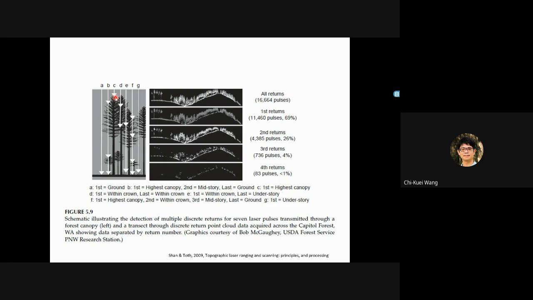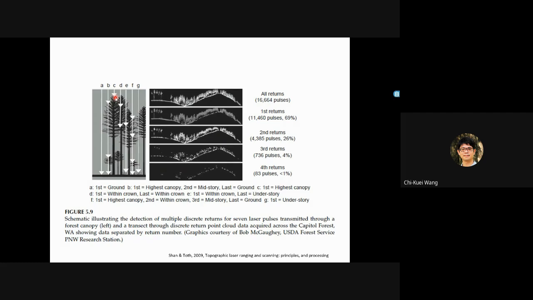When we say penetrate, it doesn't mean it goes through the leaf. It actually passes through the gaps between leaves and branches. It doesn't make a hole in the leaf.